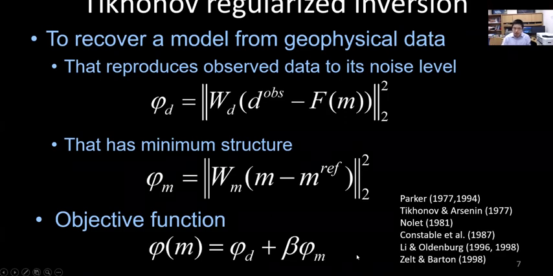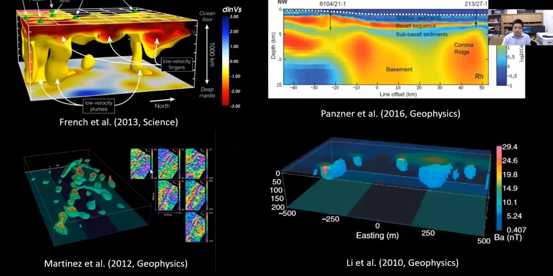This has been used a lot in geophysics. If you look at the literature, there are a lot of successful applications of this type of inversion method to many different types of geophysical inverse problems. Here are a few examples. On the upper left, this one shows a seismic full waveform inversion result.